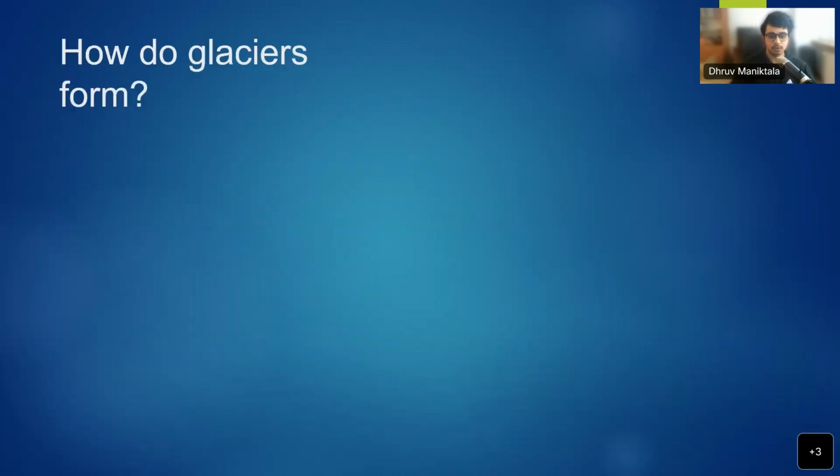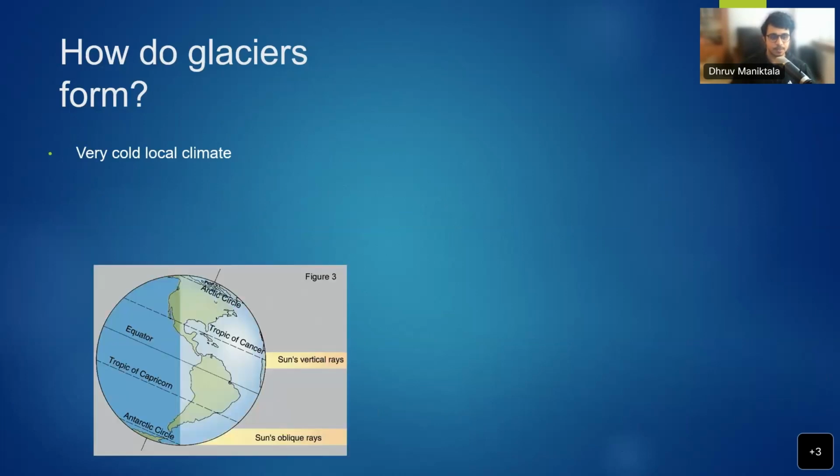So, how do glaciers form? There are certain criteria that need to be met for the formation of glaciers. The first one, obviously, is very cold local climatic conditions. Here we have a diagram of our planet with different zones like the equatorial region, the tropical region, the Arctic region.